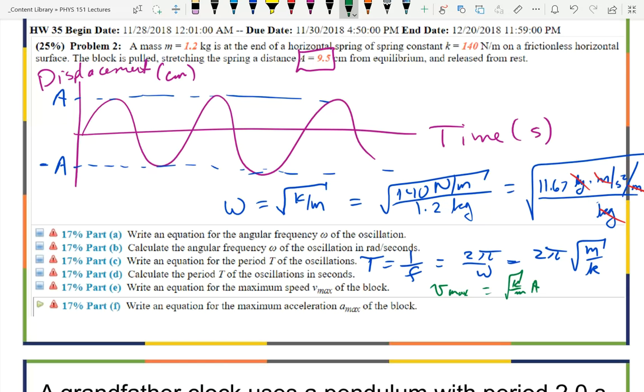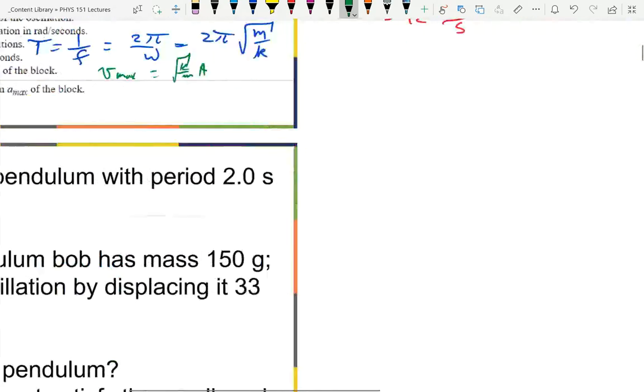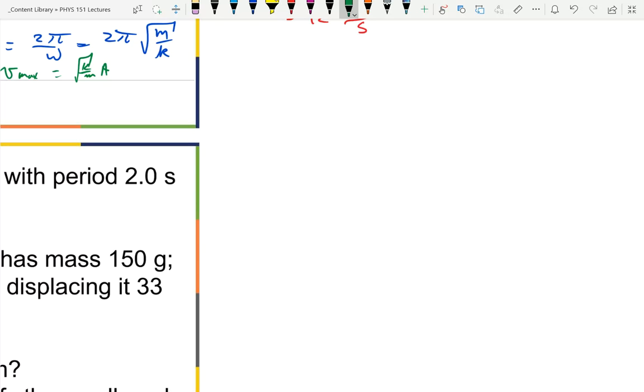Last one, write an equation for the maximum acceleration. We haven't talked about acceleration at all, have we? But we know Newton's second law. Newton's second law says the sum of the forces equals ma. And if it is a simple harmonic oscillator, the sum of the forces is equal to, well, I'll put the minus sign here, the minus is for direction, minus kx.